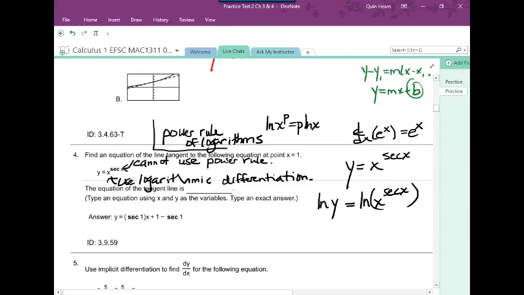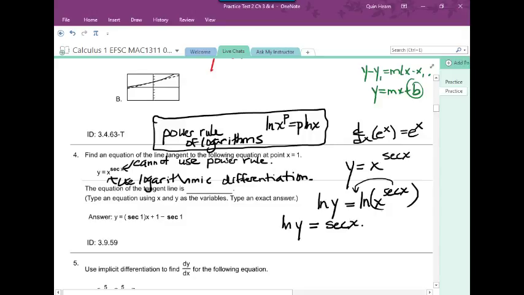You use that in college algebra and pre-calculus to solve equations. We're going to use it here to get that expression with the x out of the exponent, since we don't have a derivative rule for that expression. So the natural log of y equals, bring the power out front, secant x times the natural log of x.